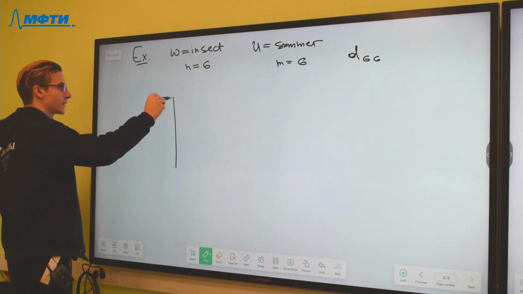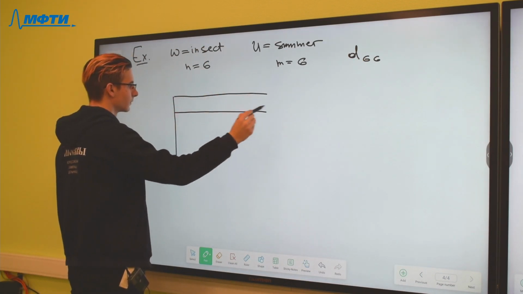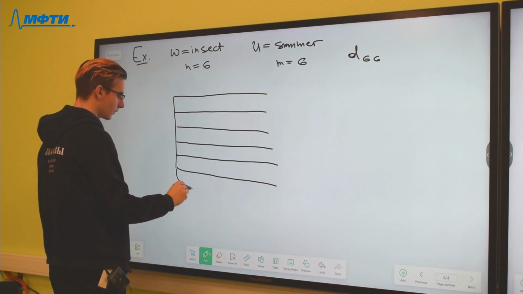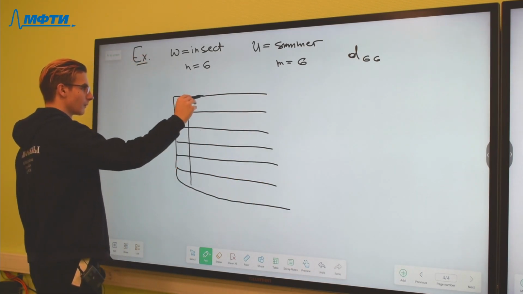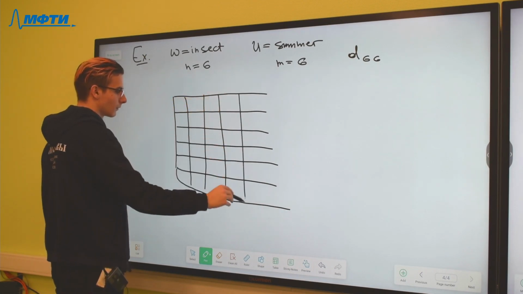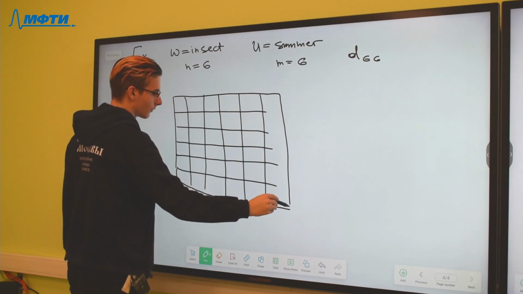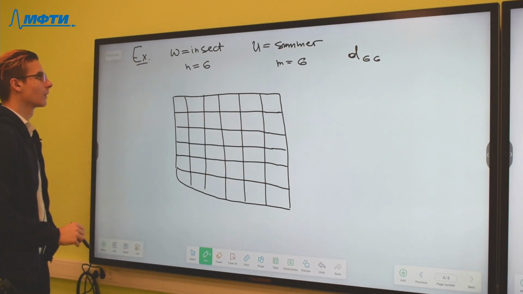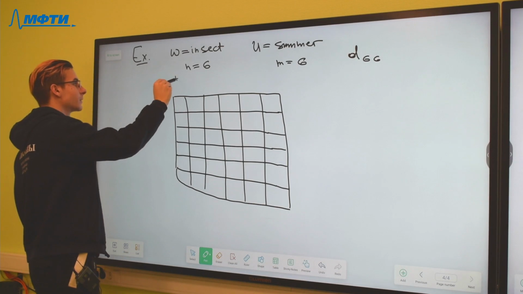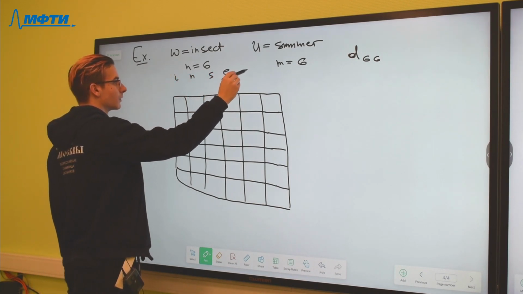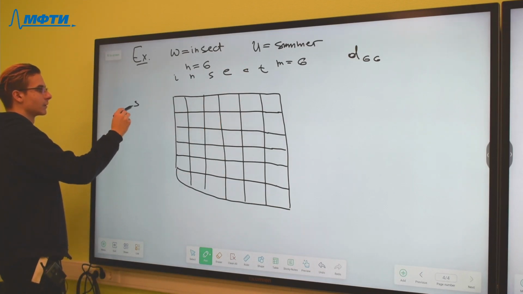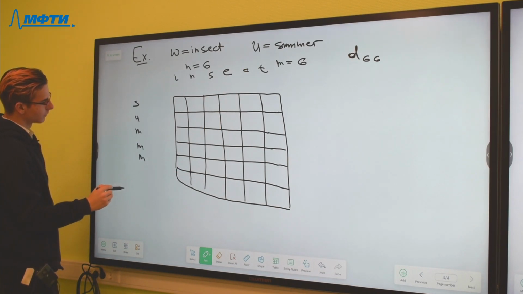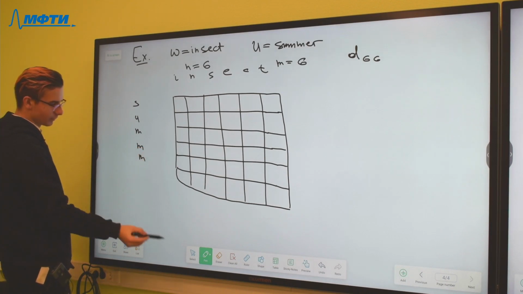So we need to write a matrix. And usually we write characters here to understand.